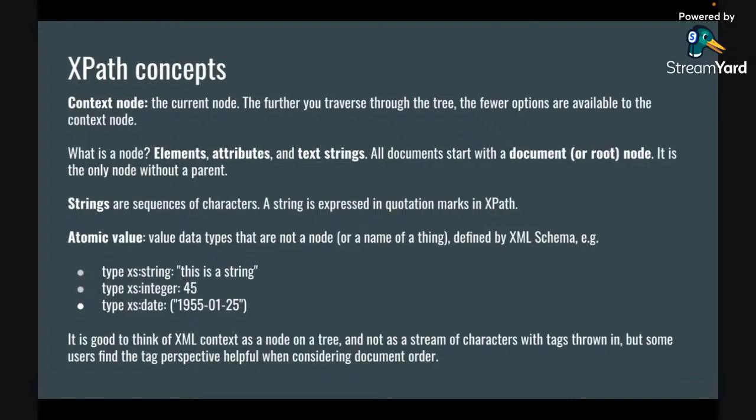In general, I think it's good to think of XML context as a node on a tree rather than thinking of a stream of characters with angle brackets or tags.